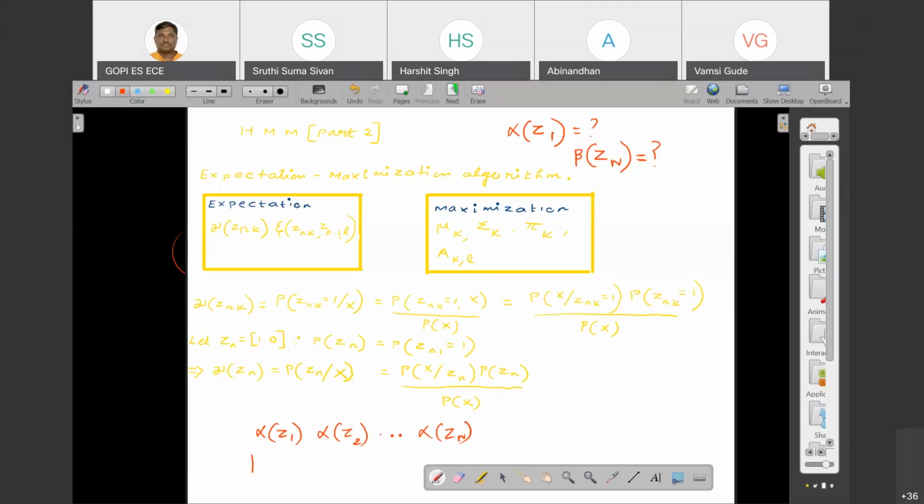And then beta of Zn gives you beta of Zn minus 1, and it goes like that and ends up with beta of Z1. So now the question is, what are these values? Because once you get alpha of Z1, only then can you get alpha of Z2. So what could be the value of alpha of Z1 and beta of Zn?